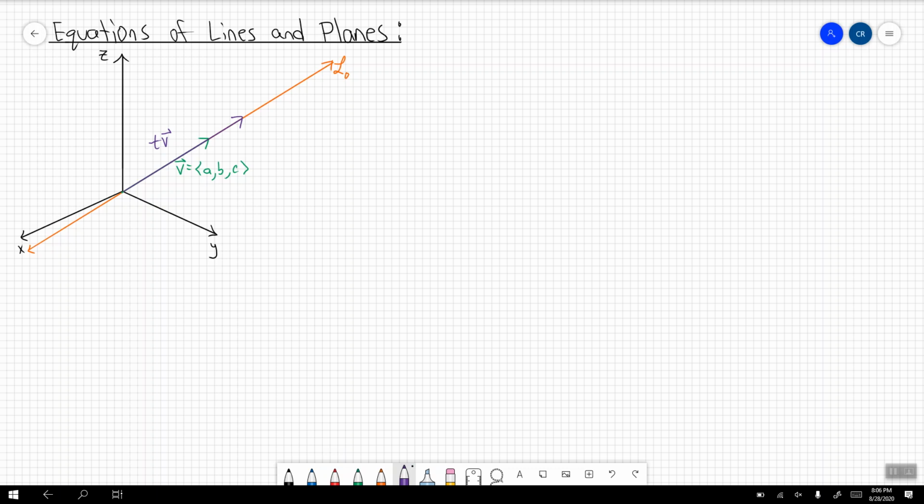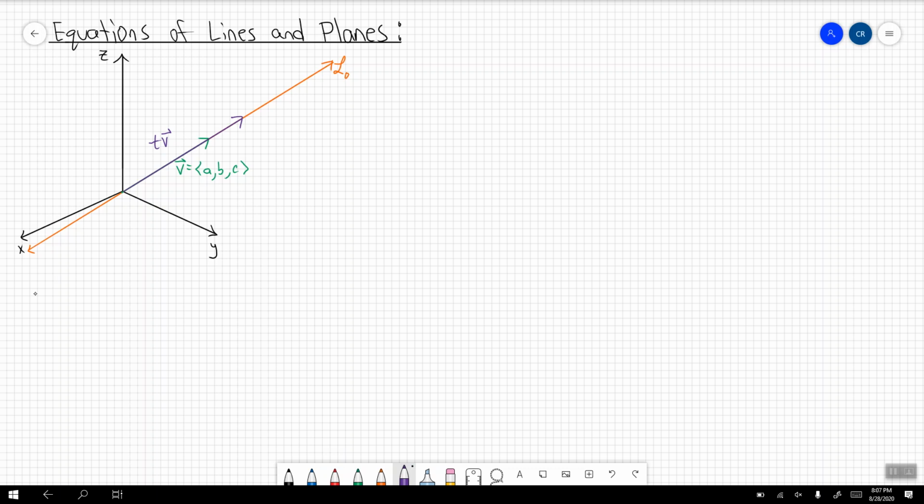If I wanted to keep scaling it in the opposite direction, that would capture the opposite part of that line, the part that extends from the origin down to the bottom left of the screen. Then those values for t would need to be negative. But how many values do we need to scale V by in order to generate the whole line?